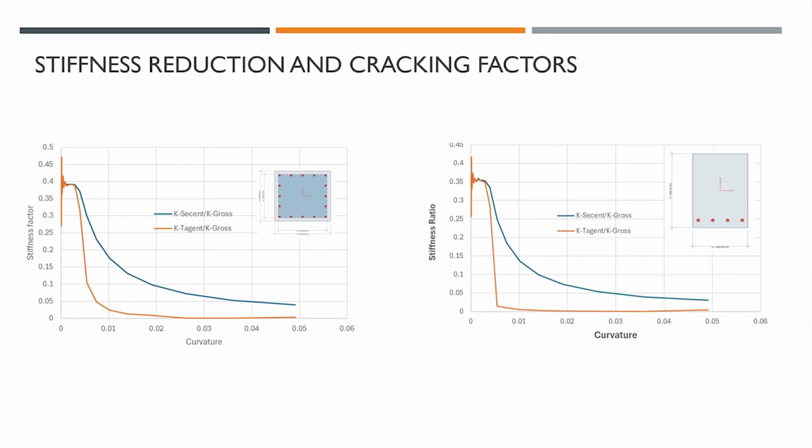So you can plot the stiffness reduction and cracking factors based on this one, because you can calculate it. You can see from here a cracking factor of about 0.5 exists at this yield point roughly, and at that point 0.35 when you have a cross section like that for a beam, and for a column roughly 0.4. They are quite similar to the cracking factors used by some of the codes.